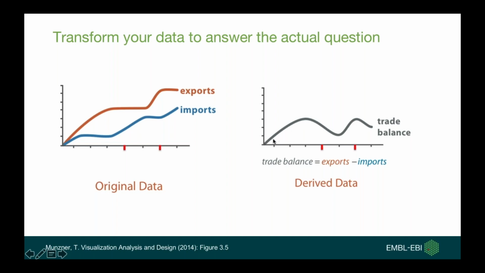You also get a different impression of the actual trend. So you can see that the trade balance is going up and down. It's actually slightly declining in later years. Whereas if you use the original visualization, because this is based on the volume of imports and exports, it has an upward trend. And it might actually mislead you into thinking that the trade balance itself is going up, where actually it's not.